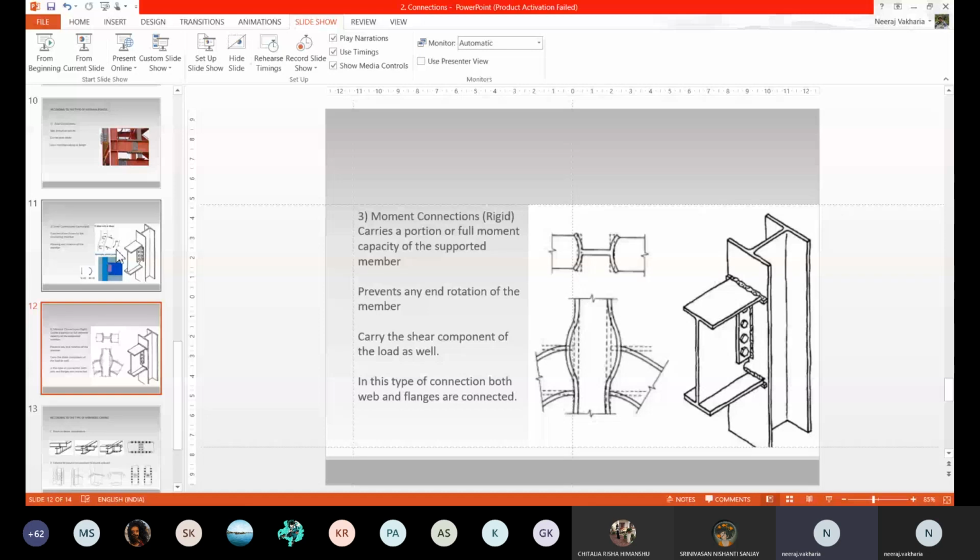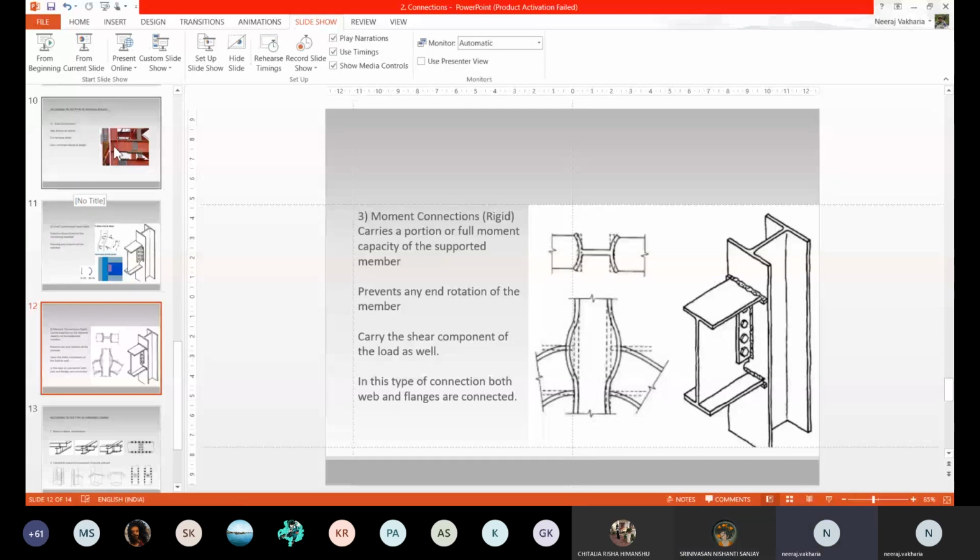So it depends on the condition of the joint on site, and how much flexibility is required at the junction. I hope that answers your question. Yeah, thank you. Welcome.